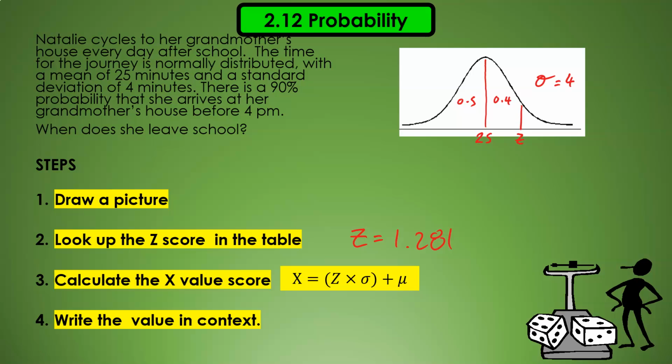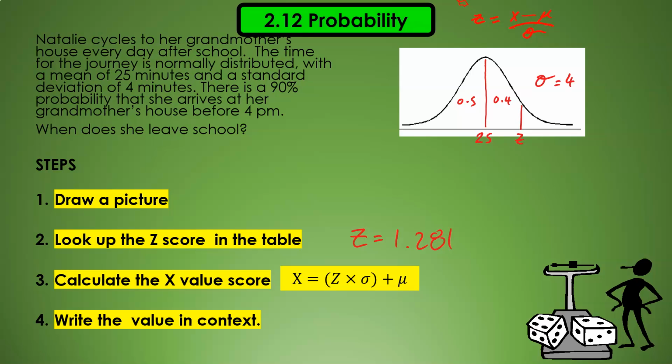And the formula we need to know is the following one. Now, that's just a rearrangement of the one that we used in the previous part, looking at the normal distribution, where z is equal to x minus mu over the standard deviation.